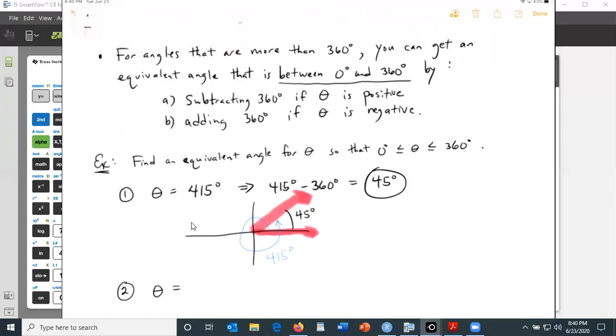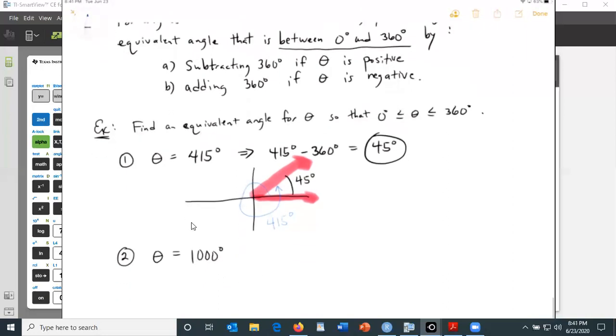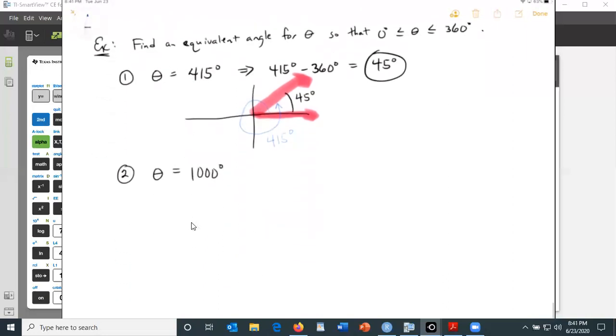All right, how about something really big like 1,000 degrees? We won't draw this one, but let's see if we can find the angle that's between 0 and 360, which is equivalent to this one, meaning it's in the same place. So let's do 1,000 minus 360. Something tells me this is not going to be enough, right? So you subtract 360, you get 640.